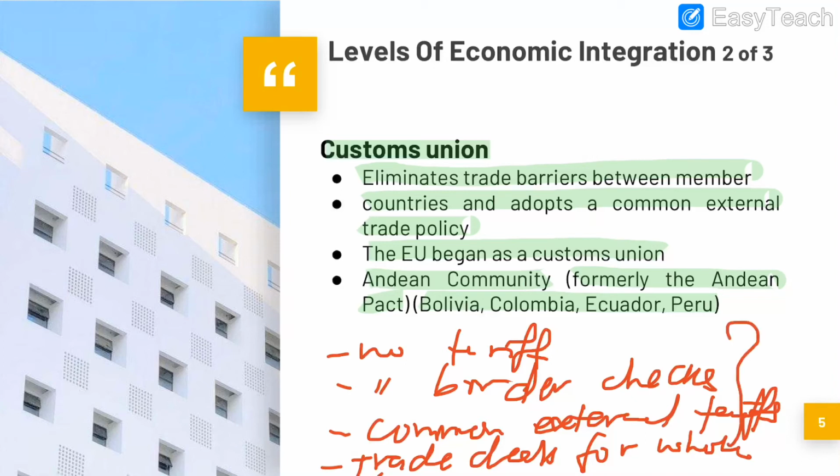So this is the characteristic. Okay, there's no tariff, no border check, common external tariff, and trade deals for the whole customs union.